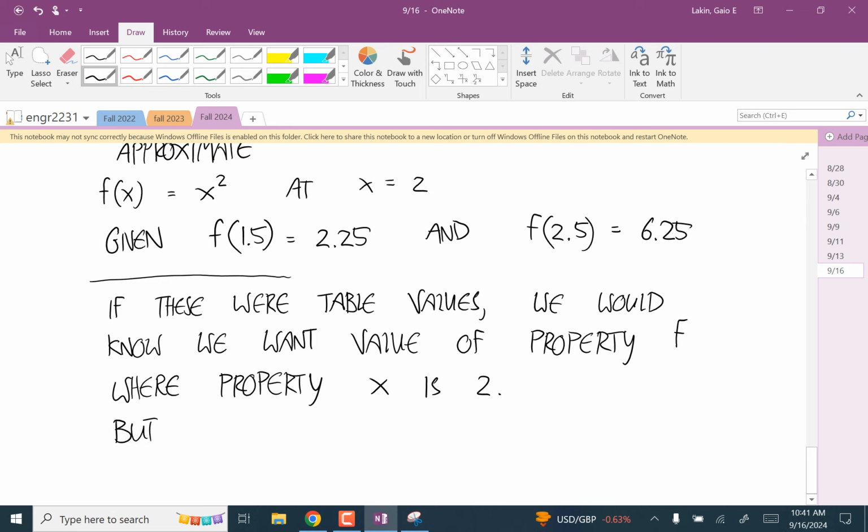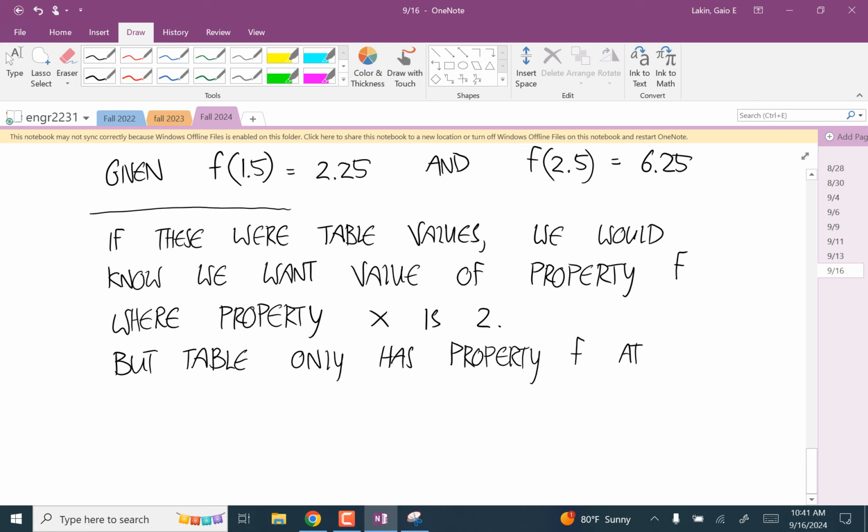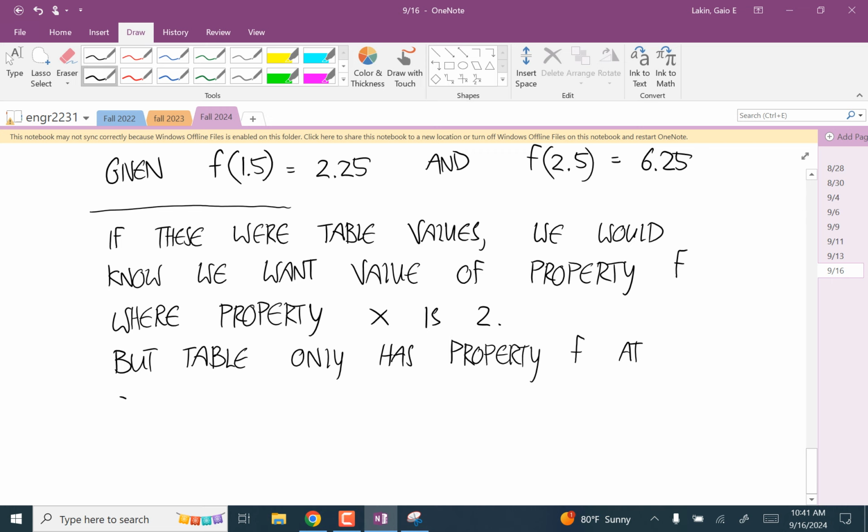But the table only has the property f at x equals 1.5, and x equals 2.5.